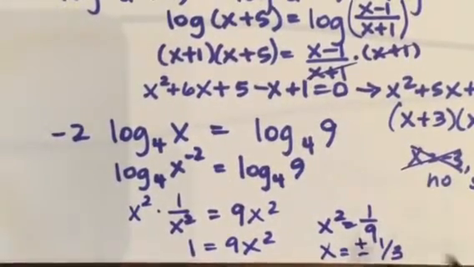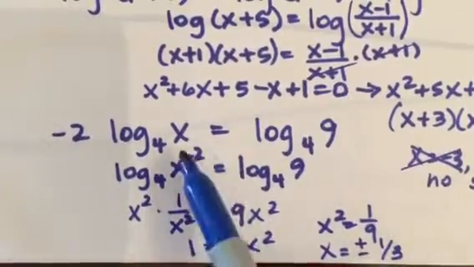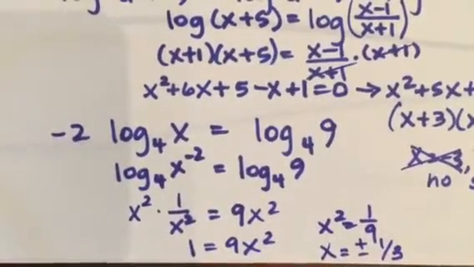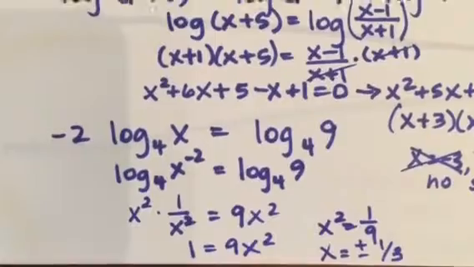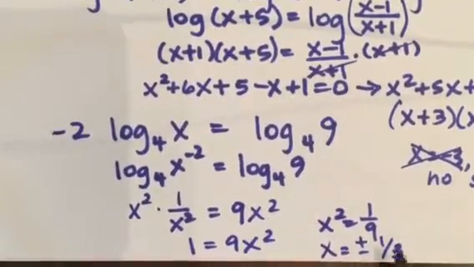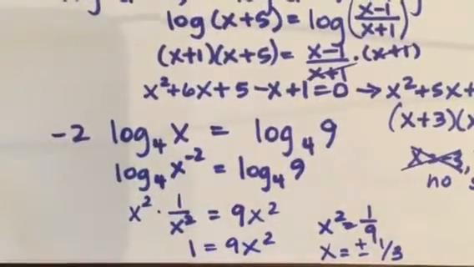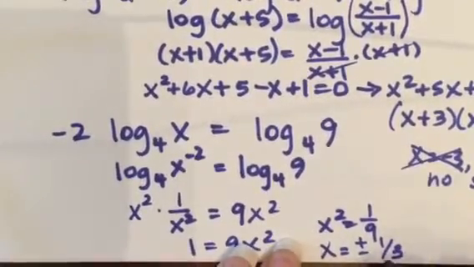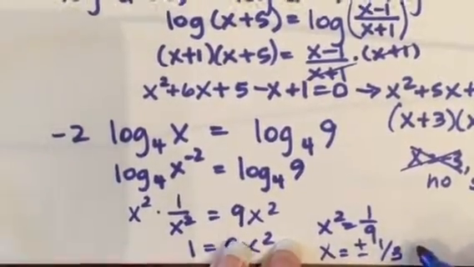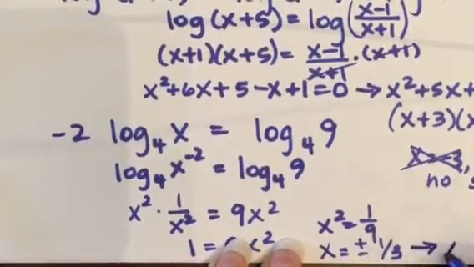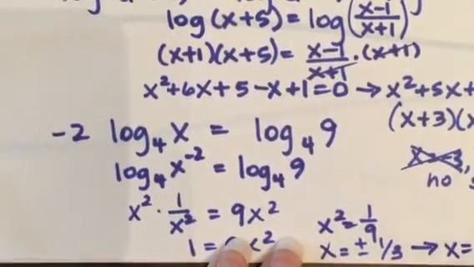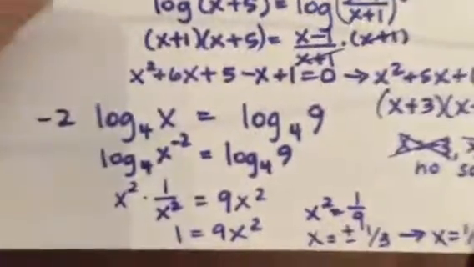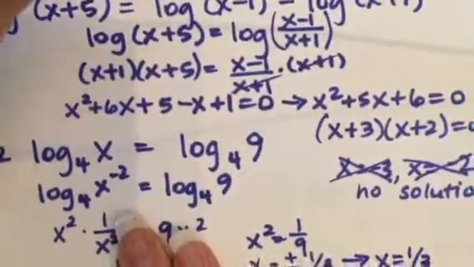Now if I take these two solutions back to my original log, I notice that only one of them will actually work, because if I put the negative in, I'm trying to take a logarithm of something negative, which is not allowed. So I'm going to cross out that negative 1/3 and say only x is equal to 1/3 is our correct solution.